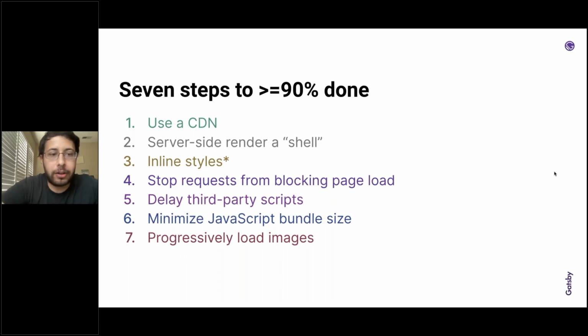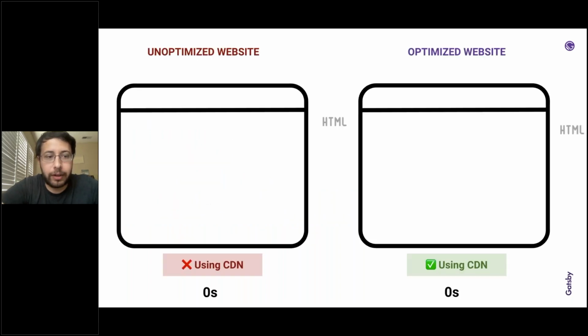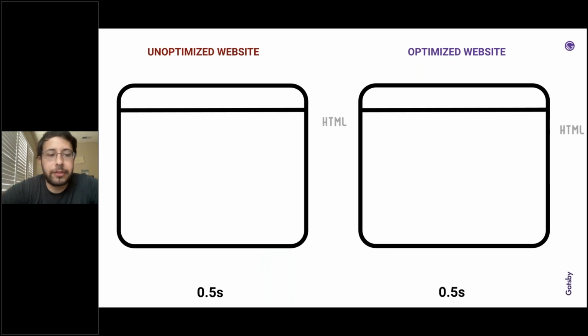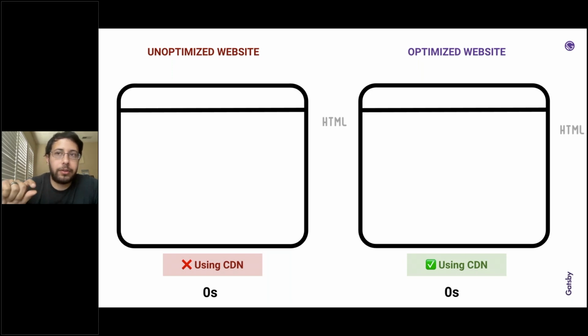So let's go to the next slide here, and we're going to watch again. We're going to go through that same comparative page loading experience, but this time with the different optimizations being highlighted.